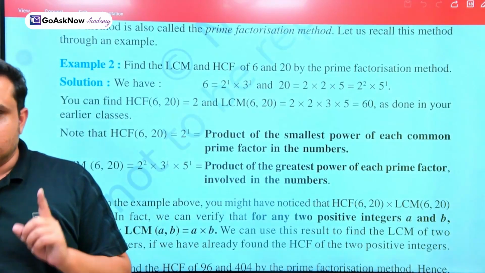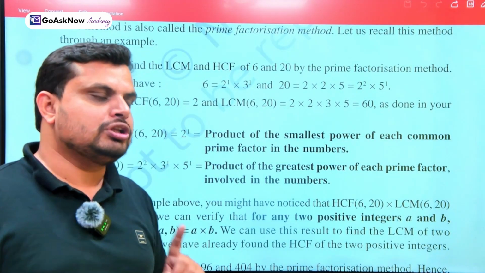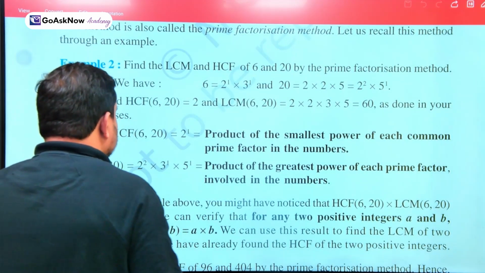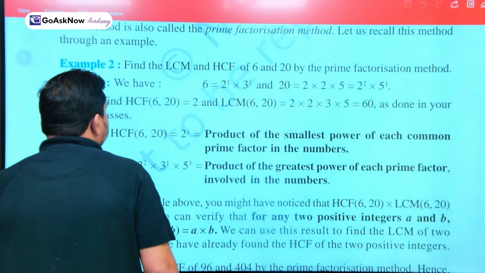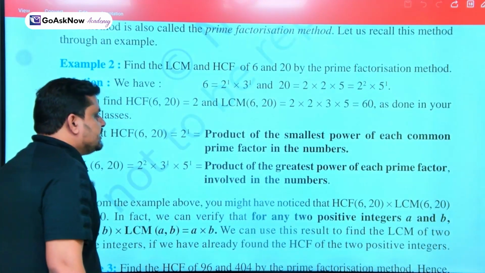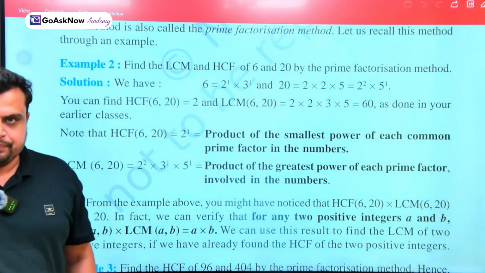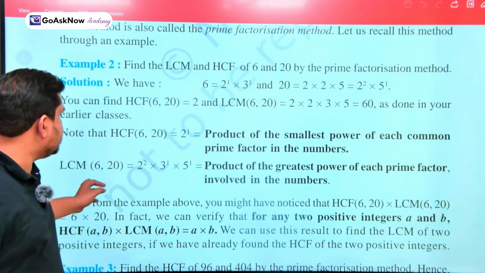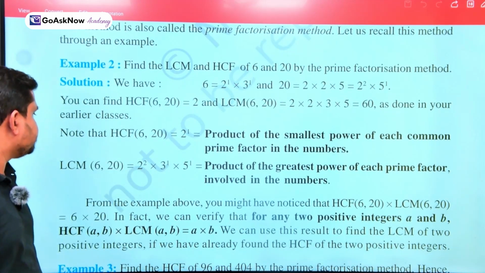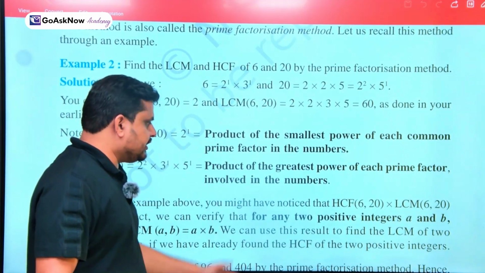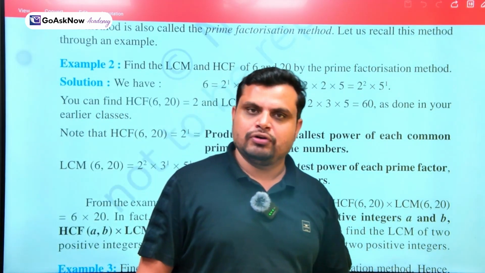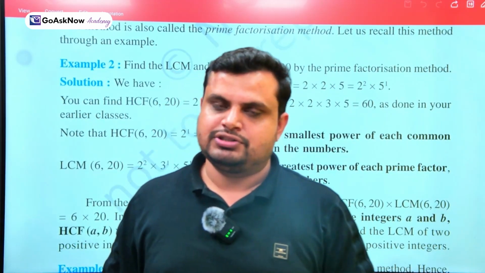That is 2. What is the maximum power of 3? That is 1. And what is the maximum power of 5? That is 1. Then we multiply these to get the LCM and HCF.